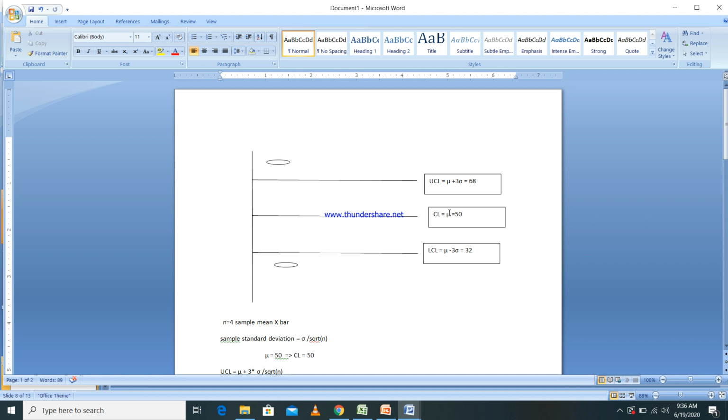So if you consider our first case, our upper control limit value is 68 and the lower control limit is 32.